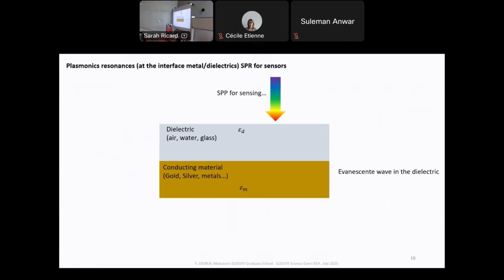Okay, so in more details, we excite the plasmon with the incident beam. We can define its K vector. And here, for sensing, what is important is that this electric field is evanescent in the, let's say, several nanometers. It depends on the wavelength, but it is in the order of the wavelength.